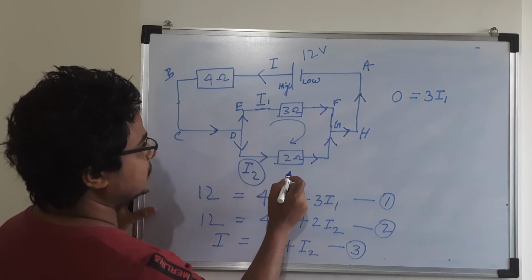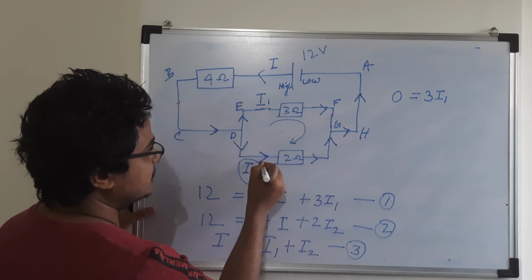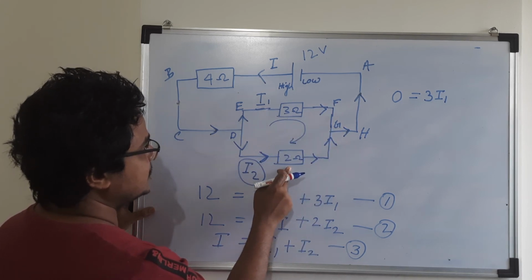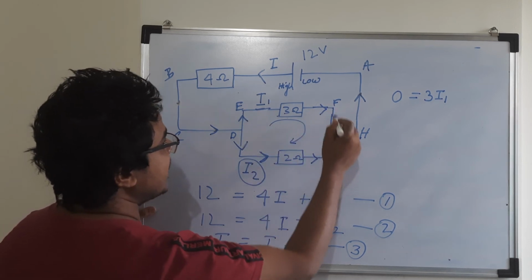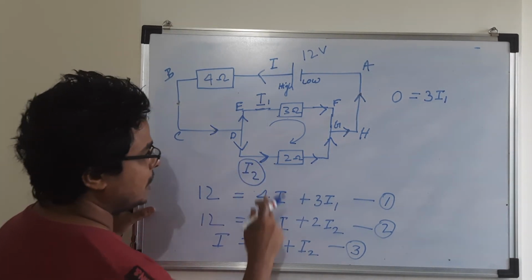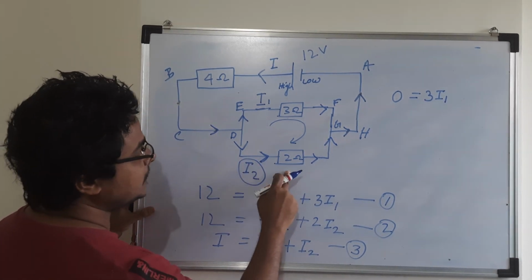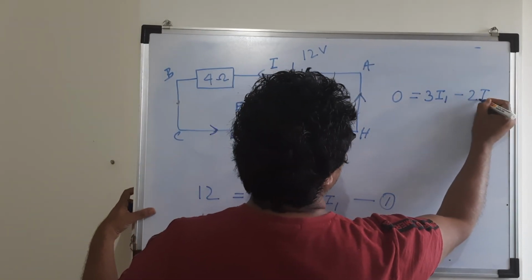The direction of current is this, because I2 is entering through this resistor, and your assumption, EFGD, is opposite to that of the resistor. So here you need to consider it to be opposite, right. So you got minus 2 times I2.